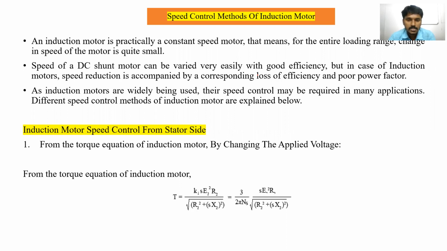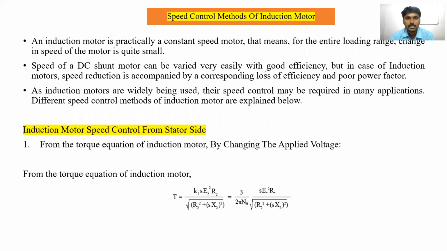So simply, after the development of power semiconductor devices, it is very easy to vary the speed of the induction motor also. So nowadays the induction motor can also be used in variable speed applications compared with DC motors, because the DC motor has drawbacks due to the presence of commutators and brushes.